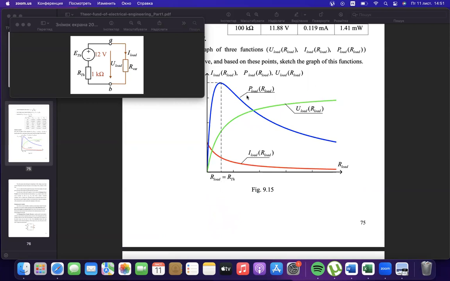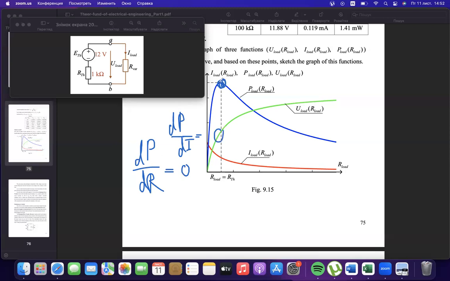How could this blue graph for power be obtained mathematically? How could we find the maximum point here? As we find an extremum for any function, the maximum point could be found by taking the function's derivative with respect to some parameter. If we build it on resistivity, we could take the derivative by resistivity, or the derivative by current if we are building the power dependence on current, and equalize this derivative to 0.